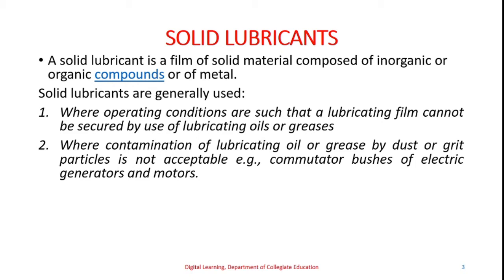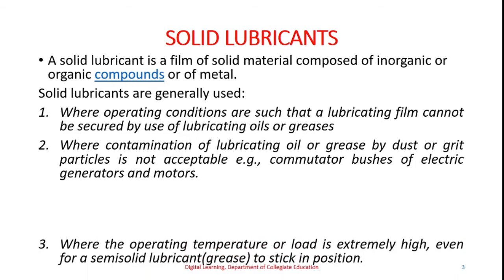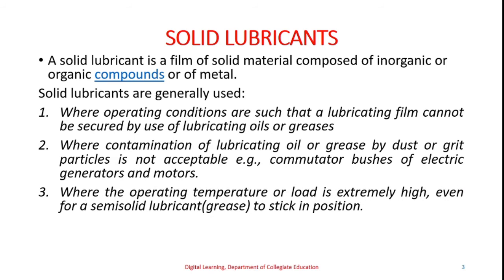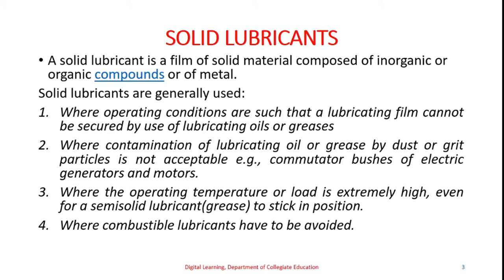For example, commutator bushes of electric generators and motors, where the operating temperature or load is extremely high even for semi-solid lubricants to stick in position, and where combustible lubricants have to be avoided.